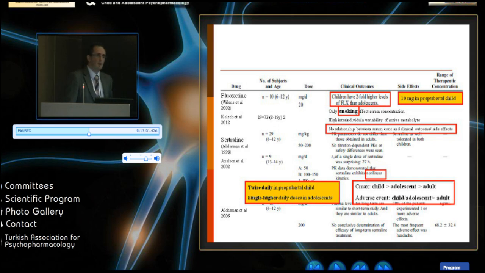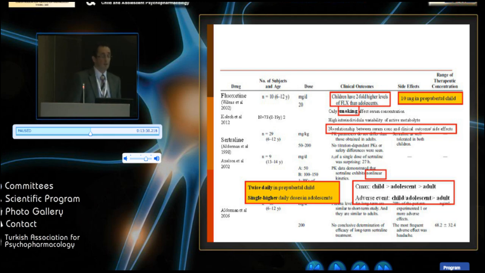We know that there is no relationship between serum concentration and clinical outcome, and also side effects in sertraline, and it doesn't have much to do with the blood levels. But when we look at the blood levels, we see that it is more in children than adolescents, and the blood level in adults is higher, and in terms of side effects, the children and adolescents are more sensitive to sertraline.